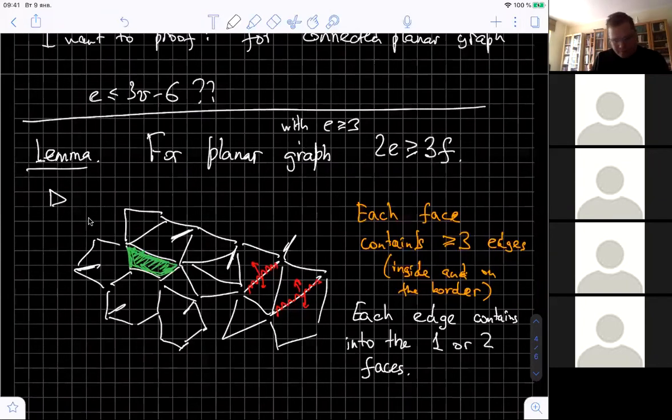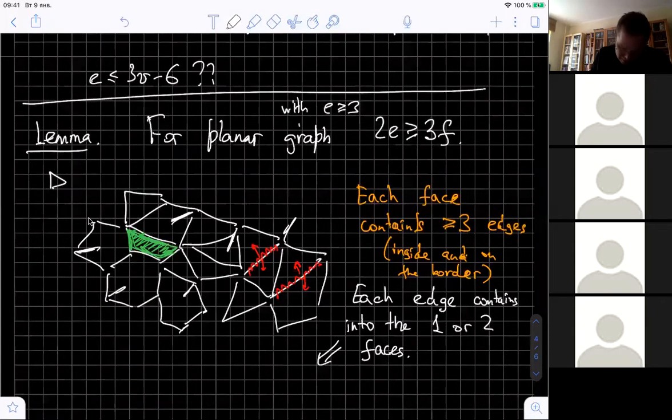So if I write 2E, it will be at least the number of edges in one face.